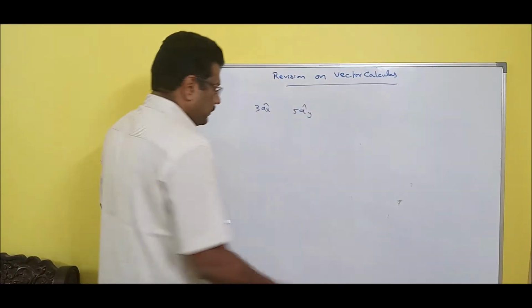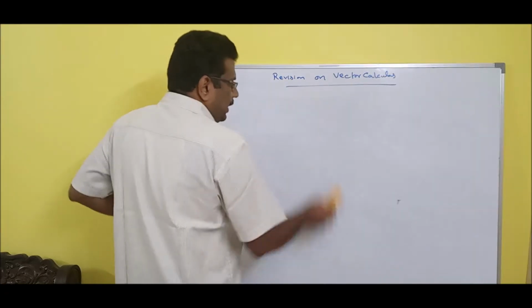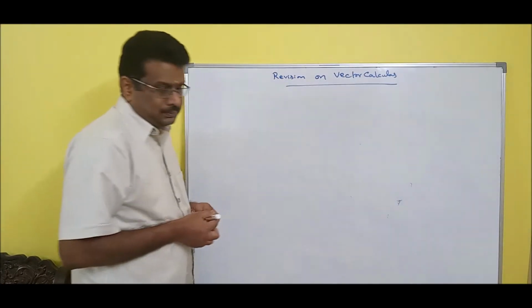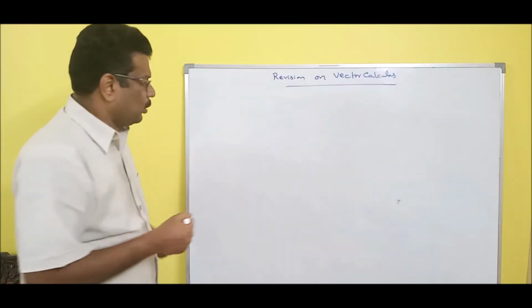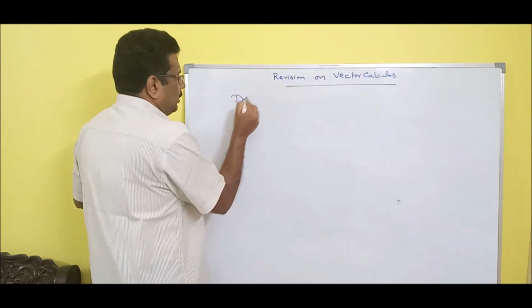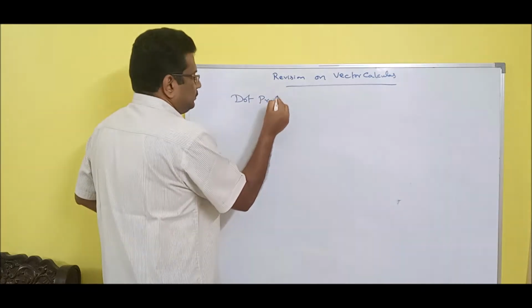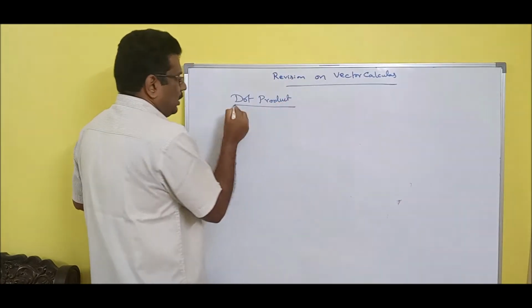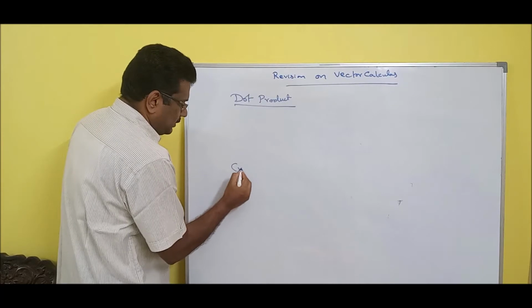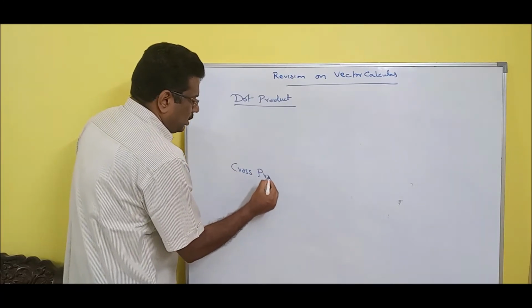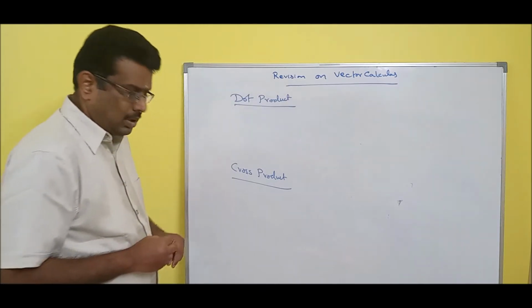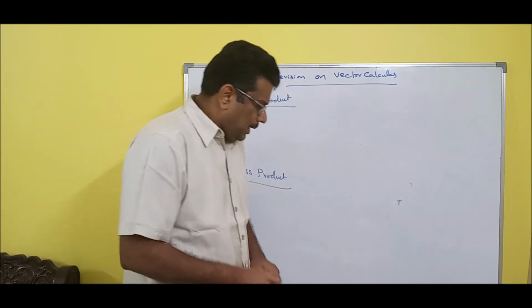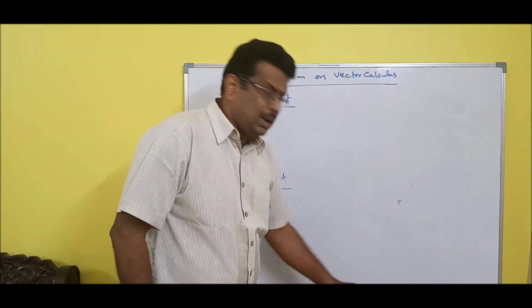Okay. Please remember. Now whenever I multiply 2 vectors, how to do the multiplication? Some categories are there. One is dot product. The other one is cross product. Now, what do you mean by dot product? What do you mean by cross product?